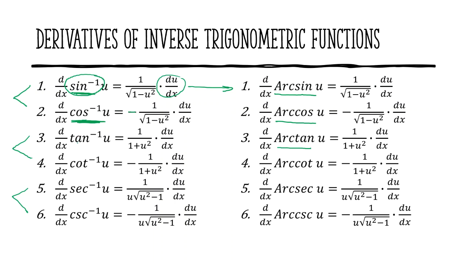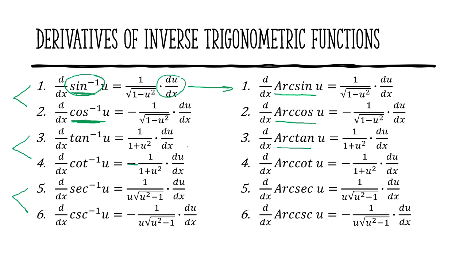Same with the tangent and the cotangent. The derivative of the arctan, or inverse of tangent, is 1 over 1 plus u squared times du over dx, while for the cotangent or the arccot, that is just the negative of the tangent. So we have negative 1 all over 1 plus u squared times du over dx.